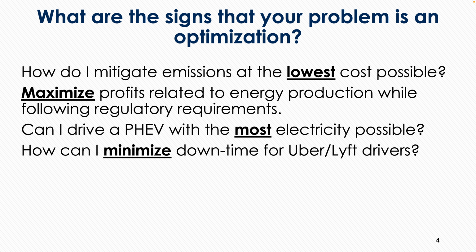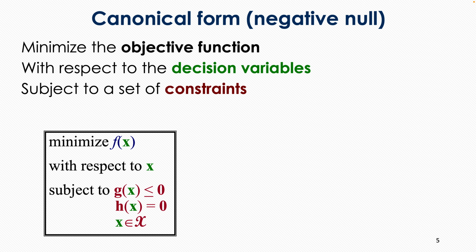All right, so the canonical form of an optimization. There are three things to watch out for, okay? So one, we're going to minimize the objective function. When we talk about maximizing or minimizing something, this is the actual thing that you're going to be trying to minimize or maximize.